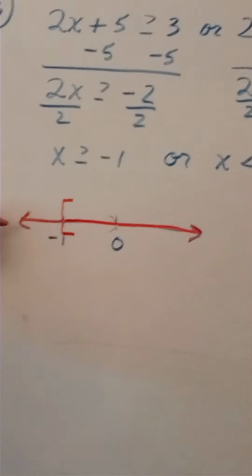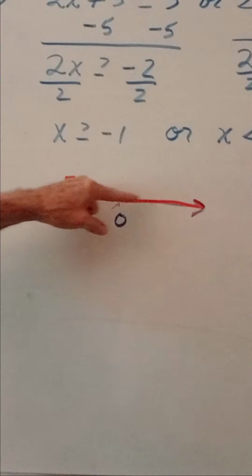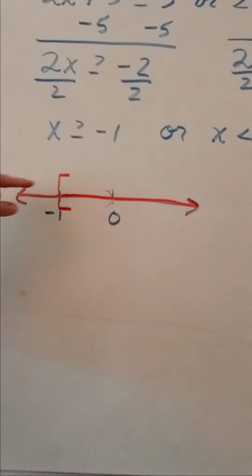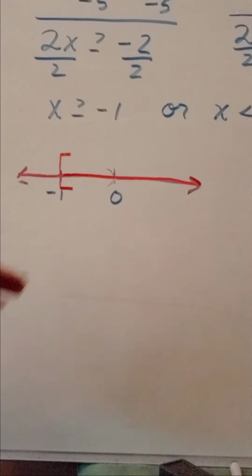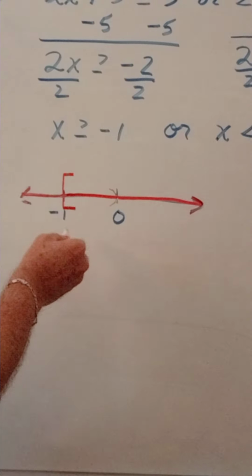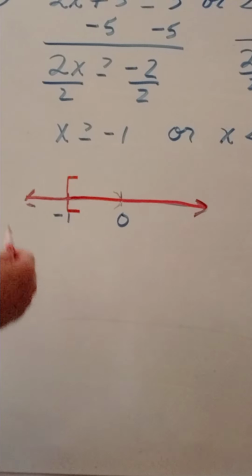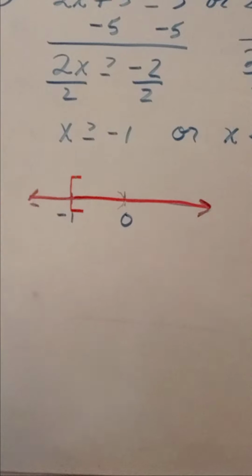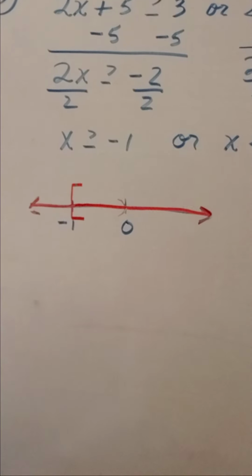Well, folks, as you can see, the entire number line is graphed. So actually, the graph for this disjunction is the entire number line darkened without the bracket and without the parenthesis.